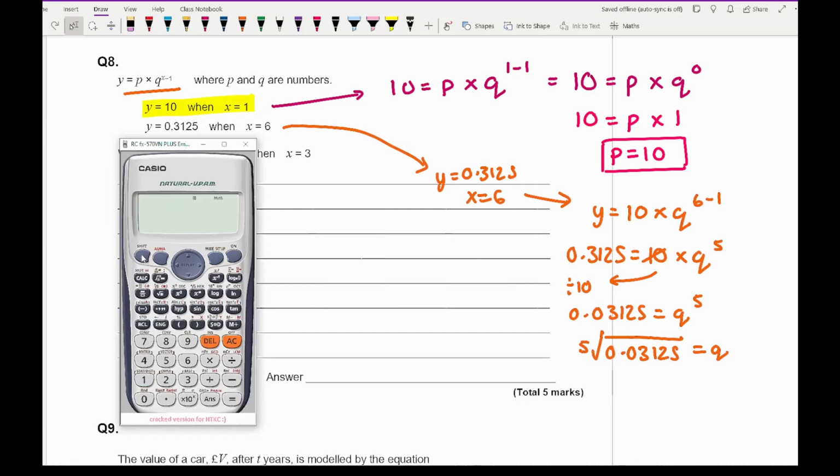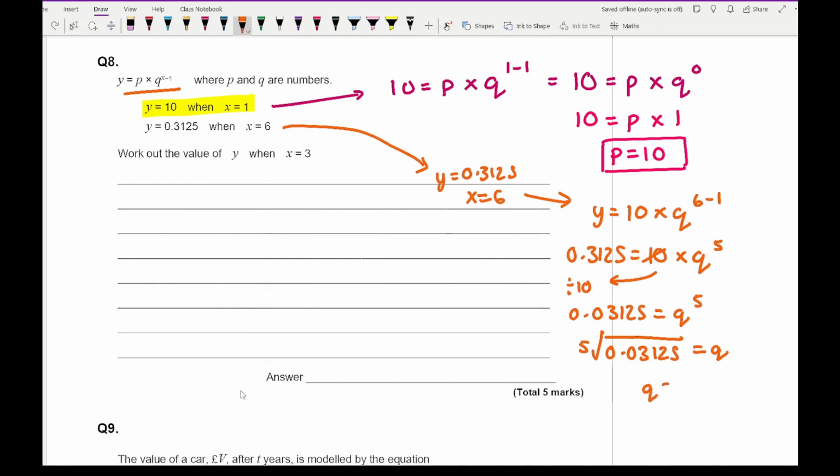Here, there should be a root function, so it's this one here. If I press shift and this, I get to choose what root I want, which is 5, and the number inside my surd is going to be 0.03125. Press equals, and it tells me that q equals 0.5.